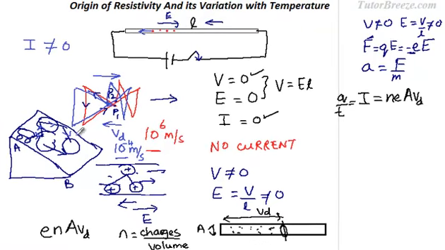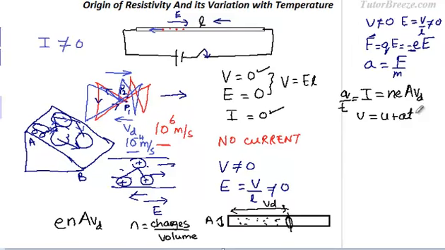Now let's write the expression for this velocity. You know that v is equal to u plus at. In this case, since the electrons are experiencing a force, they are getting accelerated, so we've used this equation of motion. But the average velocity of the electrons initially, before the field is applied, is zero, because the electrons are not really getting anywhere.